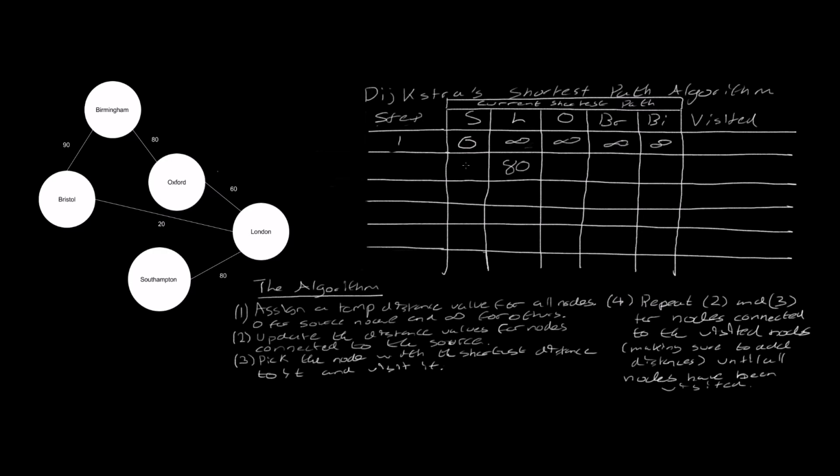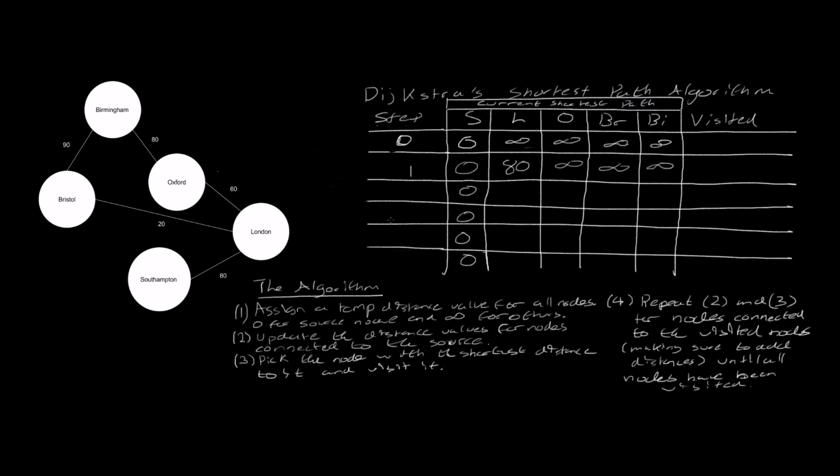Our shortest path to Southampton is going to remain 0 for the whole table, and we still haven't visited London, so we don't have a path to any of the other nodes. So we're going to keep those as infinity signs.